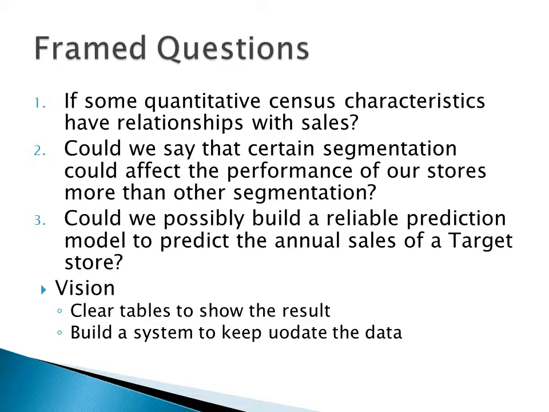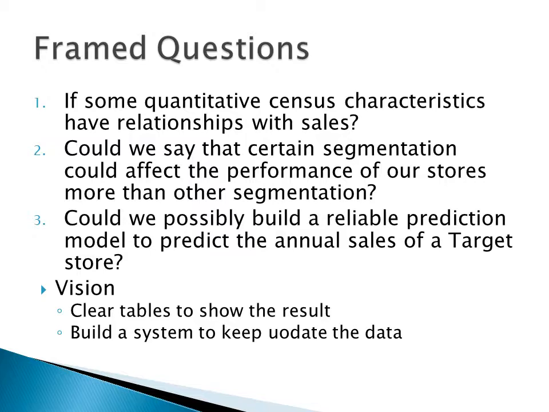And so from our needs, I have three key questions. The first is if there are some quantitative census variables, census characteristics, that have a significant relationship with our sales. And the second, could we conclude that certain segmentation would have a stronger effect on our sales than other segmentation?